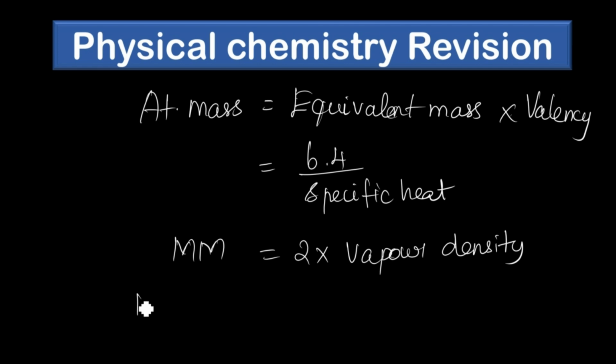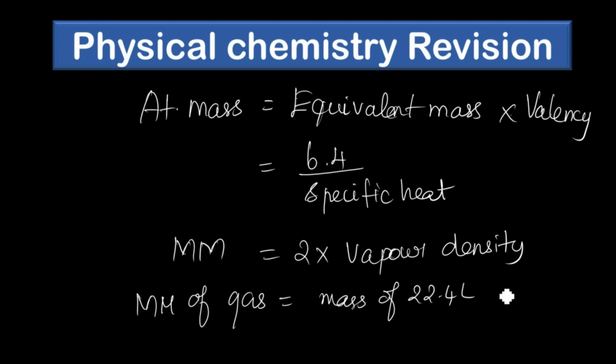The molecular mass of a gas is the mass of 22.4 liters of vapor at STP. If they are not saying STP, they will give standard temperature and pressure, that is standard temperature and a pressure of 1 atm. So that is about the molecular mass of gases.